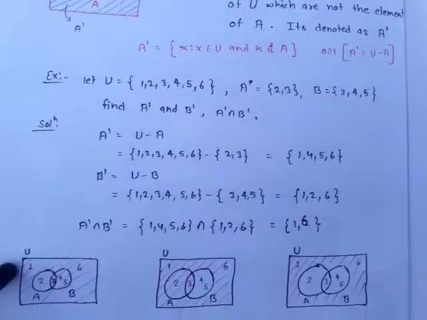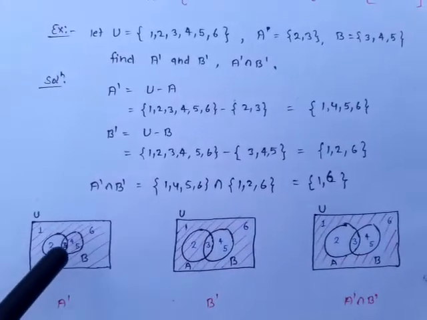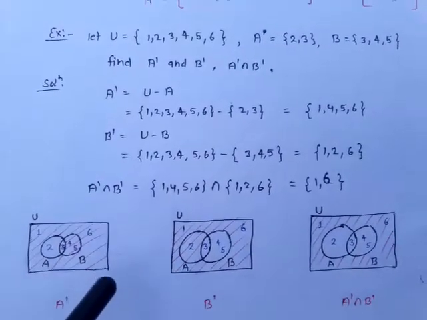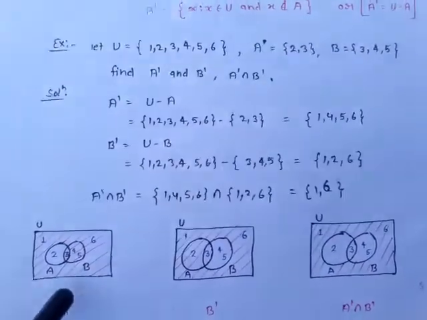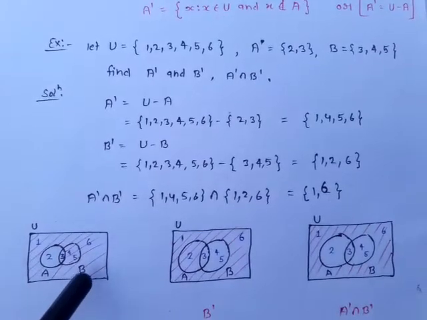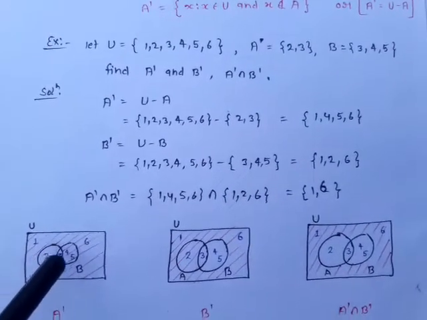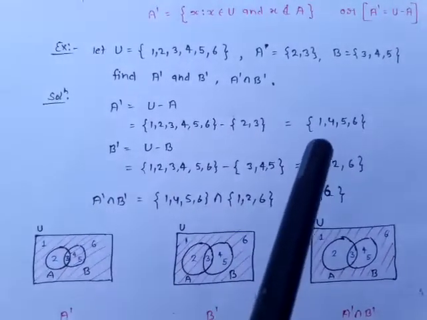These three questions are represented as Venn diagrams given below. Here, this is set A, this is set B, and this is the universal set. Set A has elements 2 and 3, set B has 3, 4, 5, and the universal set has all the elements 1 2 3 4 5 6. Now the A dash result is 1, 4, 5, 6.